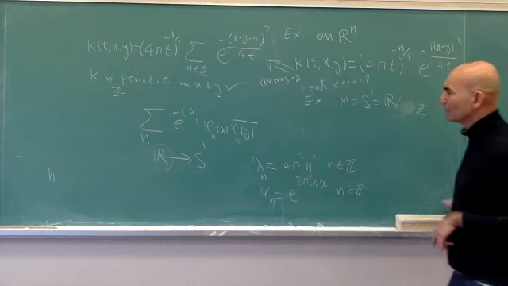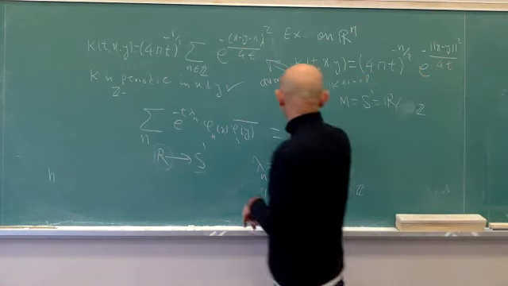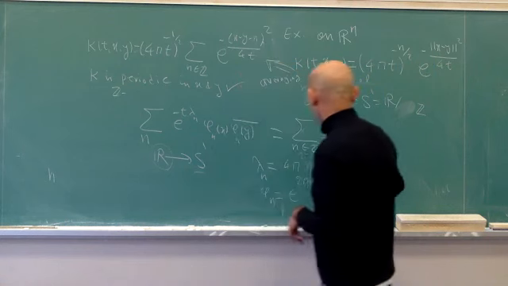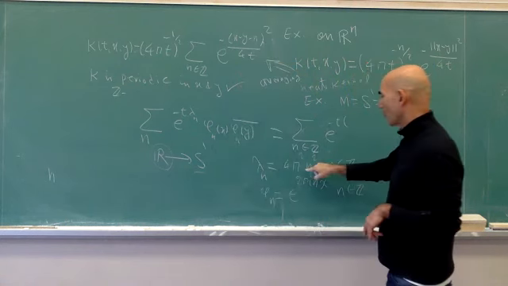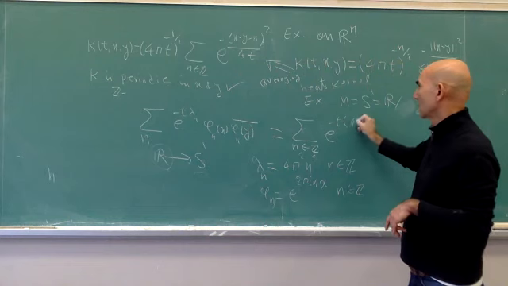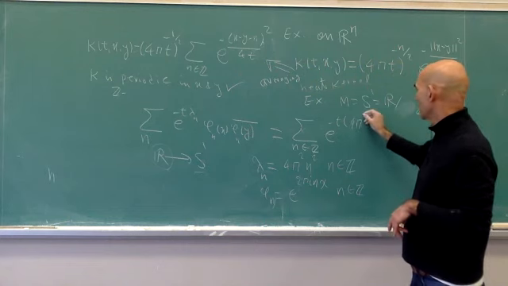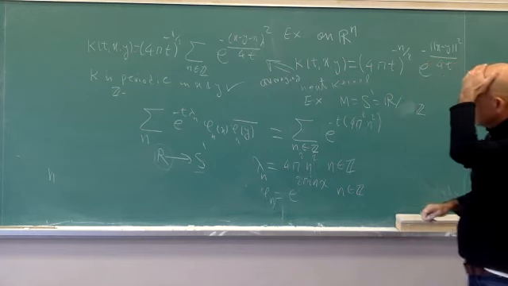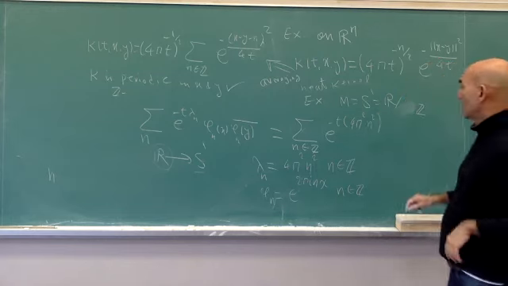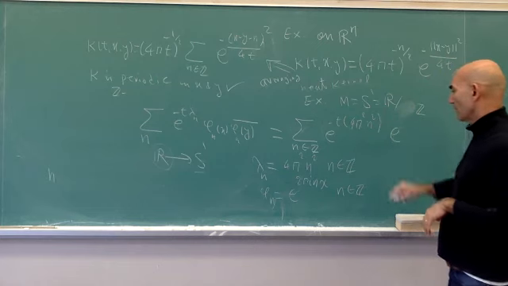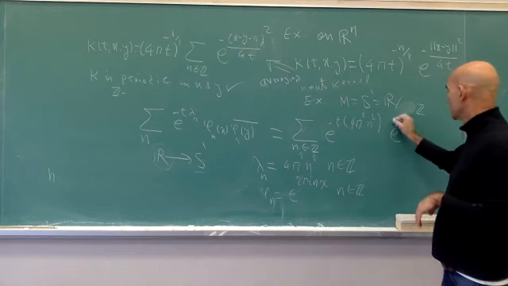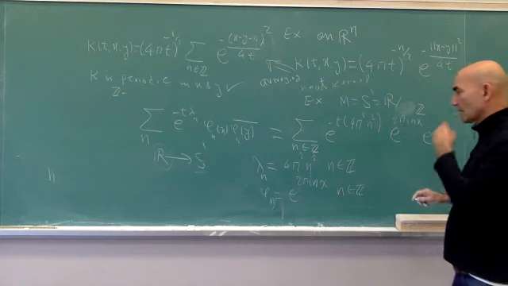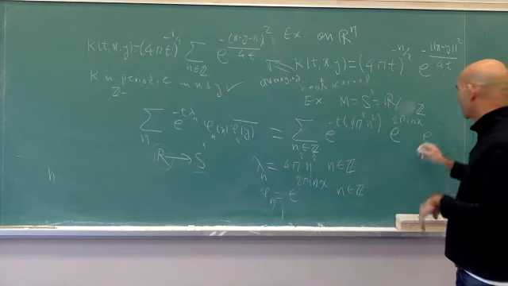So you get the sum over n belonging to Z of exponential of minus t times 4 pi squared n squared, and then exponential of 2 pi i n x times exponential of minus 2 pi i n y.